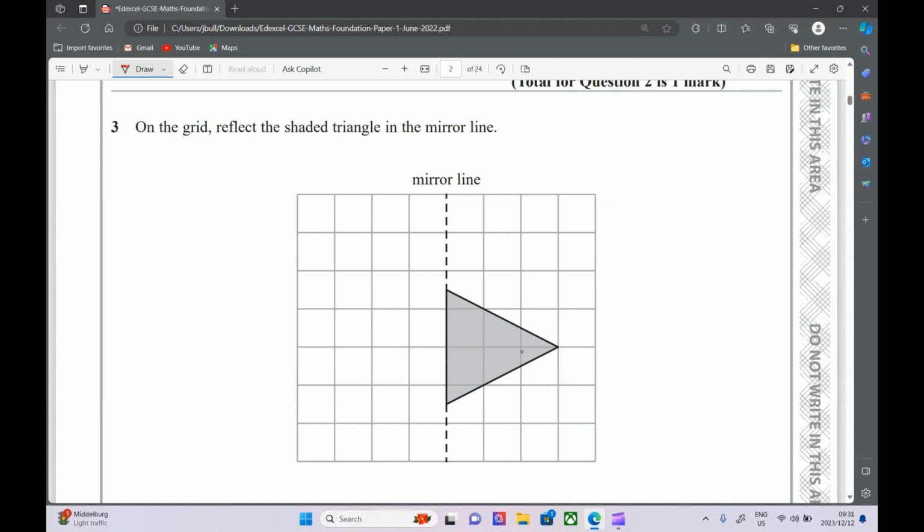This one was 1, 2, 3 blocks tall, so it is going to be a 1, 2, 3 blocks tall reflection. You're going to have a ruler. I unfortunately don't, but it's going to be exactly the same shape. So that would be your reflection there. Obviously yours is going to be straight, but that's all we have to do for a reflection question like that.